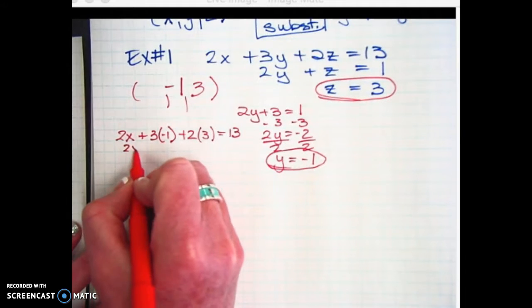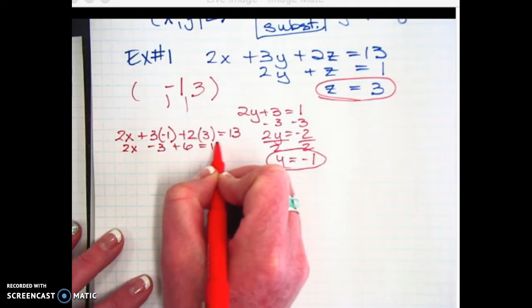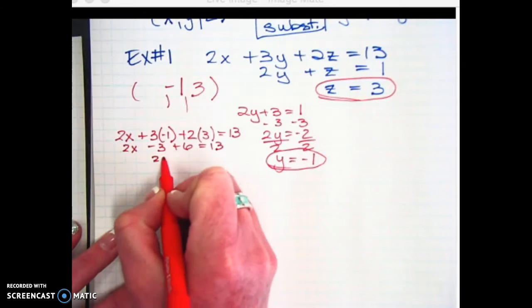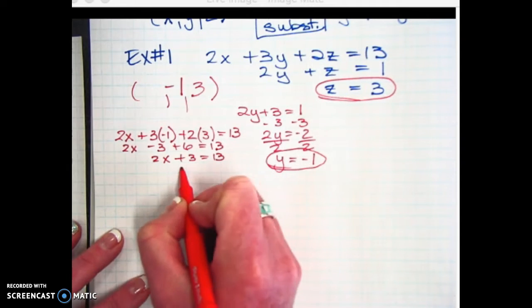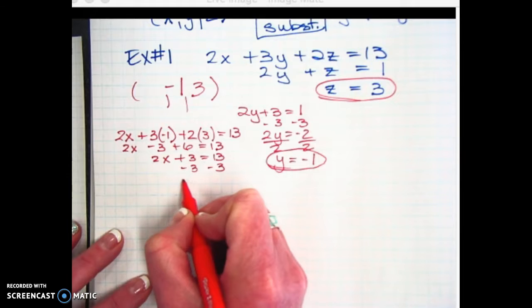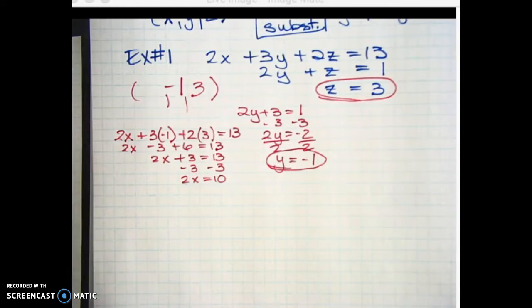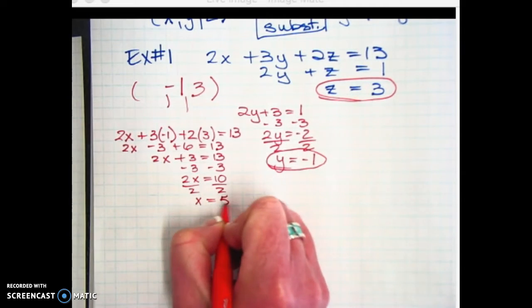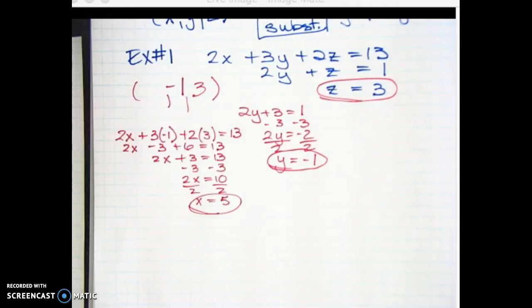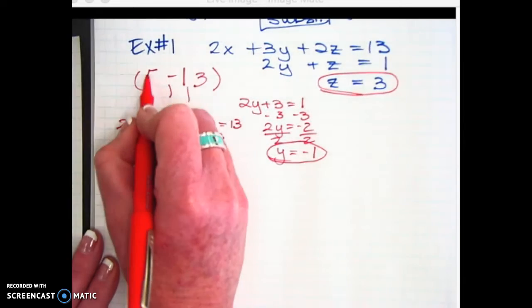So we're going to go 2x minus 3 plus 6 equals 13, which combines to get 2x plus 3. Subtract that 3 from both sides. So 2x is 10. And then we're going to divide both sides by 2, and we have our third variable is equal to 5. So we're going to fill that in right there.